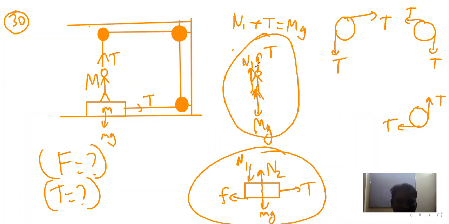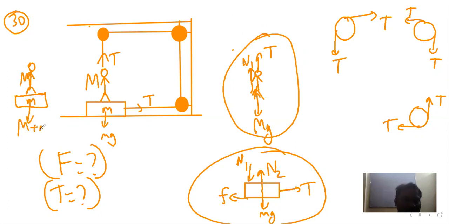Now, if I consider the man and board as a system, so this is man and this is board here. What is the total force acting on the man and board system? M plus m into g.